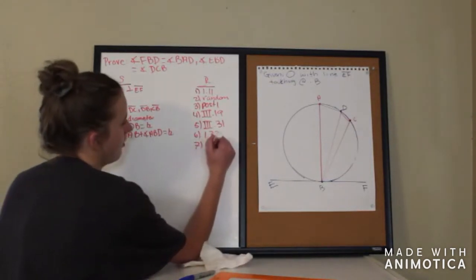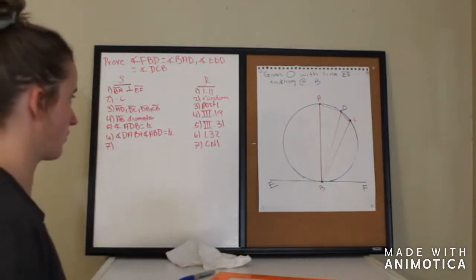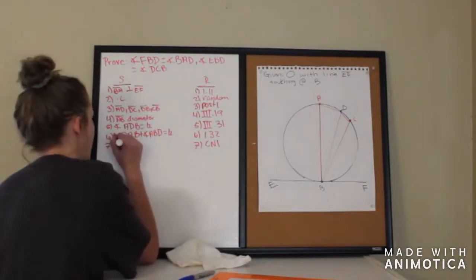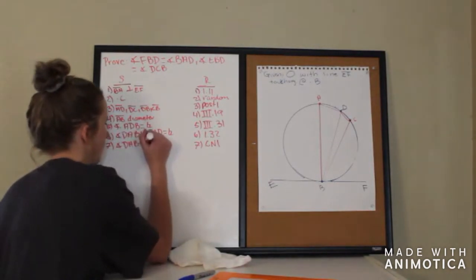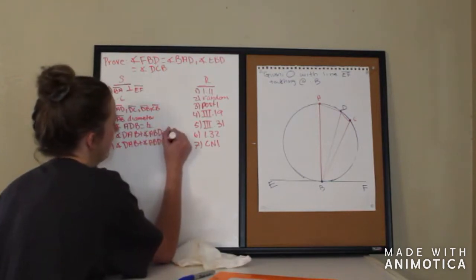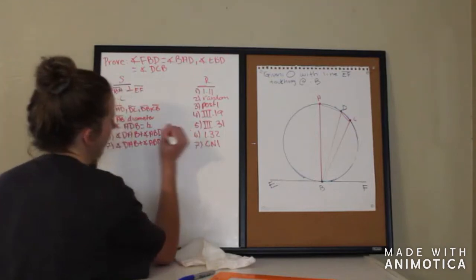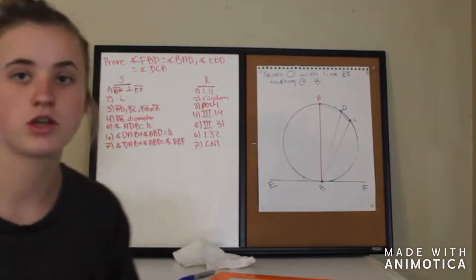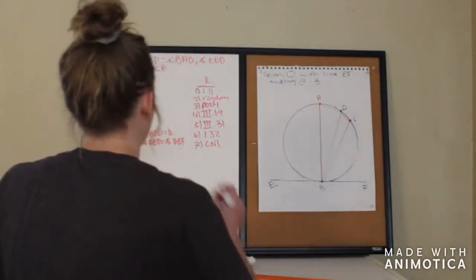We know that because of common notion 1, which says that if you have two things that are equal to the same thing, they will be equal to each other. Now we're going to use common notion 2 and subtract angle ABD from both sides.